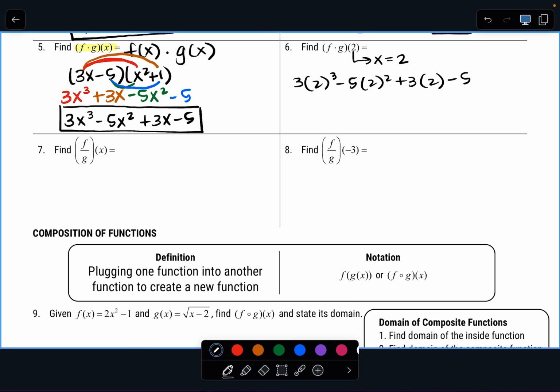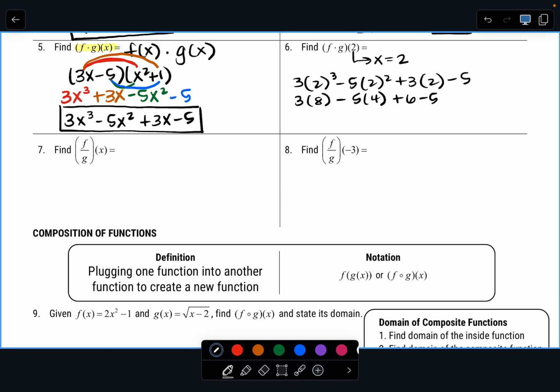Anytime you cube something, that means you are multiplying it times itself 3 times. So 2 times 2 times 2. What is 2 times 2 times 2? 8. So I'm going to have 3 times 8 minus 5 times 4 plus 6 minus 5.